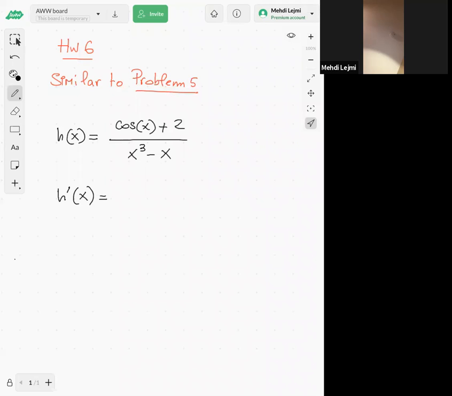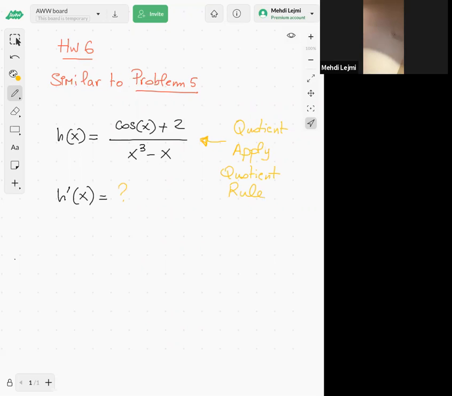If the function is a quotient, a fraction, then you apply the quotient rule. When I look at this function h, we have a quotient, a fraction, a division. So we have to apply the quotient rule.